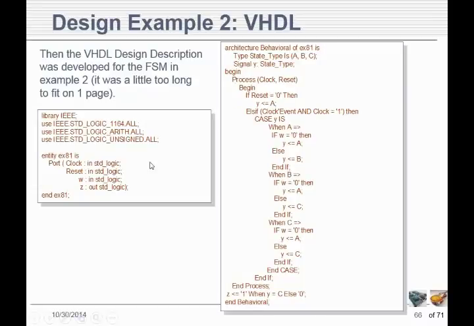Okay, so the process, I look at either the clock or reset. If reset 0, then I go to A. That looks like it's asynchronous. And then else if a clock event and clock equals 1, positive edge of the clock. I notice that some of you are already using rising edge and falling edge, right? Are you either one?